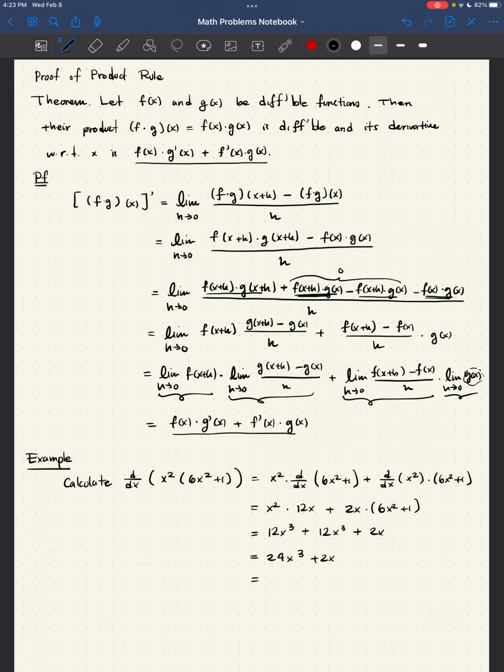If you have time, you can factor a 2x if you wish, and then obtain this in the following form as 2x times (12x squared plus 1). Oof. Okay, that saves a lot of work. That saves us from actually performing this product that we have here and computing the derivative one by one.